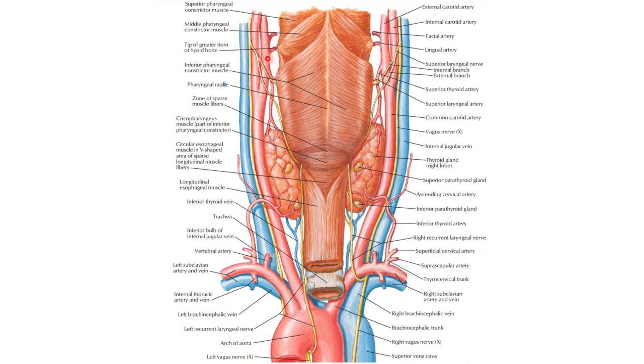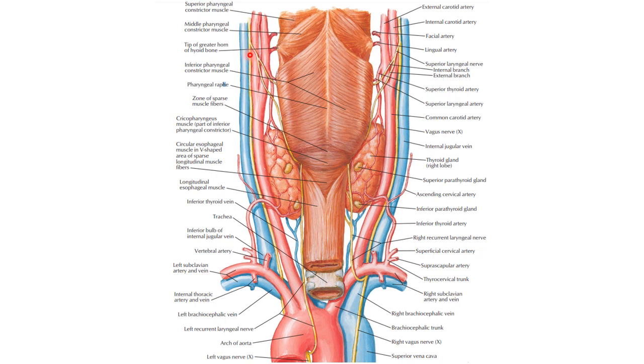Your superior thyroid artery, which is this one, also gives a superior laryngeal artery anteriorly. And this right here would be the superior laryngeal nerve. You have an internal branch, which is this one, and an external branch, which goes anteriorly. You have to note that the superior laryngeal nerve also comes from the vagus.